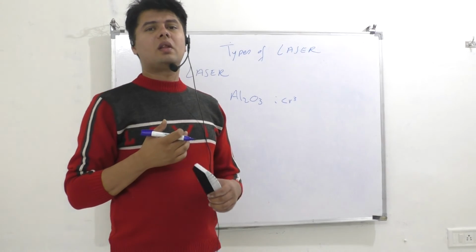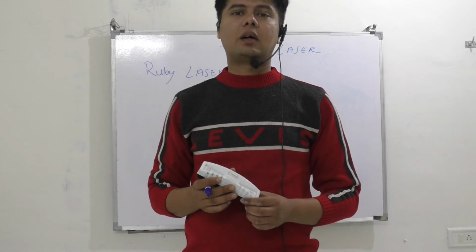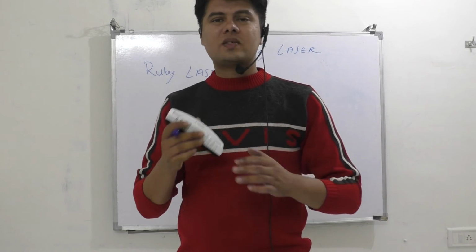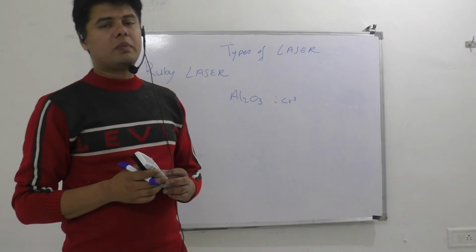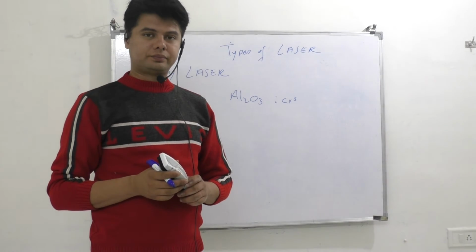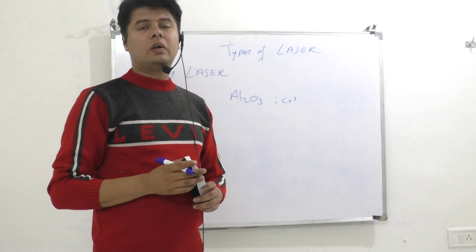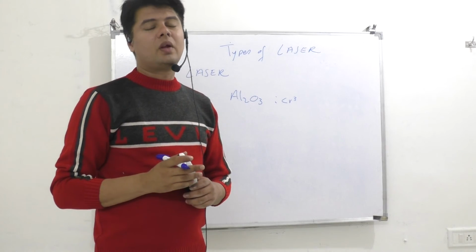This artificial ruby crystal is manufactured from aluminum oxide doped with chromium. So I'm going to draw the structure of the ruby laser.